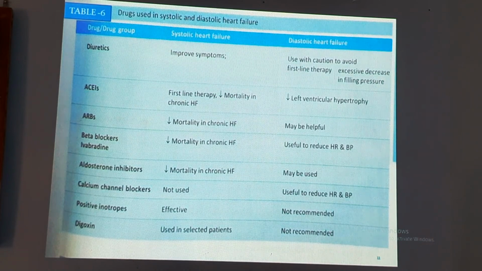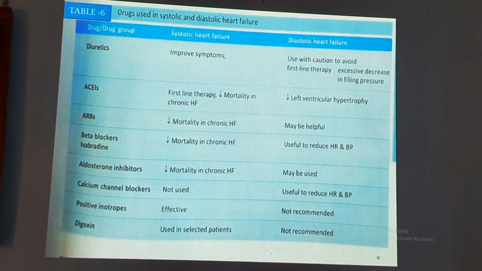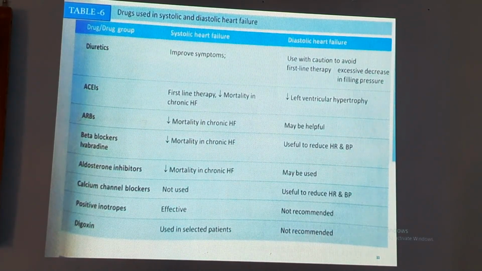Now look at this table, table 6, drugs used in systolic and diastolic heart failure. We have already discussed what is systolic heart failure and what is diastolic heart failure. Systolic heart failure is due to decreased pumping capacity of the cardiac ventricles, so cardiac output is decreased.